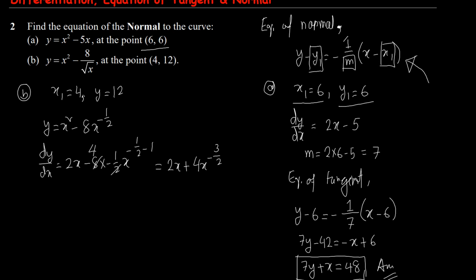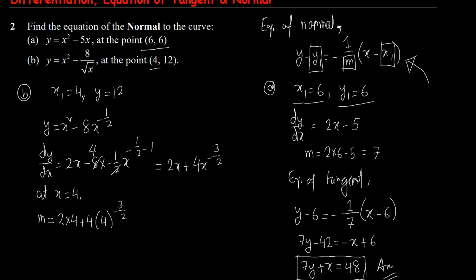Now at this particular point we need to put our value, which is 4. So at x equals 4 our gradient, m stands for the gradient, is 2 into 4 plus 4 to the power minus 3 by 2.